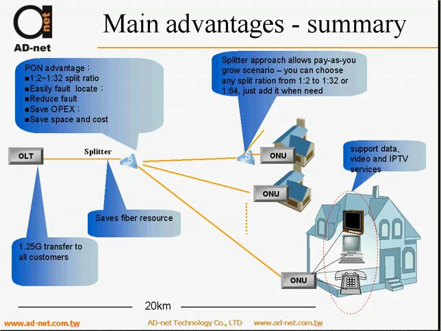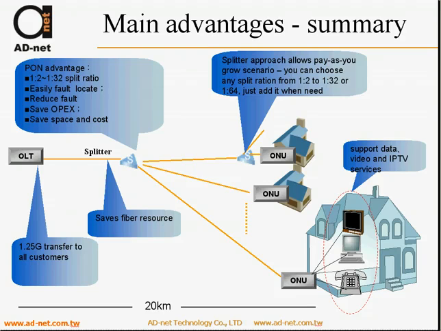You can install one splitter per area, and all you need is to come and connect the house when a new subscriber appears. With media converters, as you know, you need to come and install the media converter in the customer's house, and then you need the same media converter at the opposite side, at your point of presence.